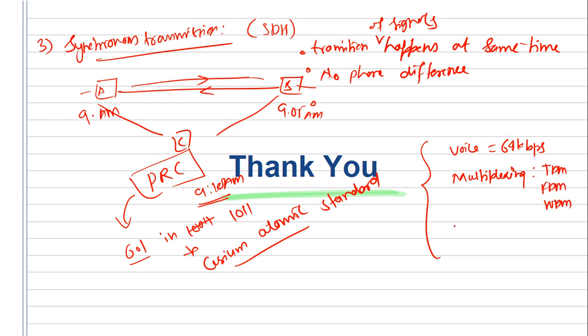Then we learned about different transmission types: asynchronous, then Plesiochronous, then synchronous signals. So we just got a brief idea. From my next video onwards, we will look at the different technologies that support Plesiochronous or synchronous transmission, and we will discuss how the technology evolved in networking and telecommunication.